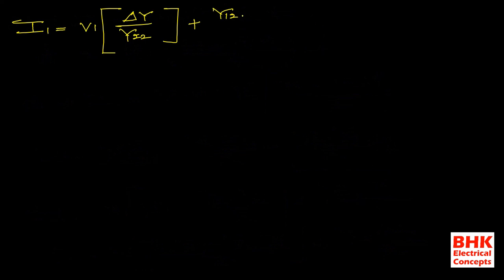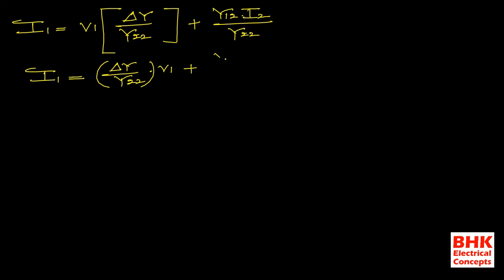So I1 is equal to delta y divided by y22 into v1 plus y12 divided by y22 into I2. Okay, so this is the expression.